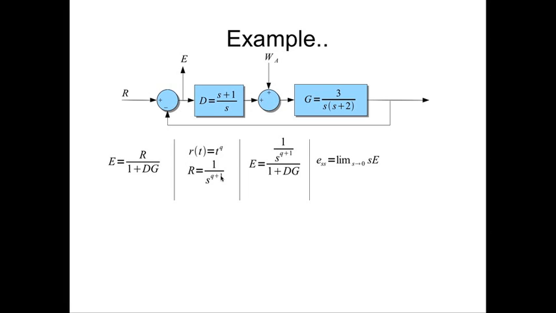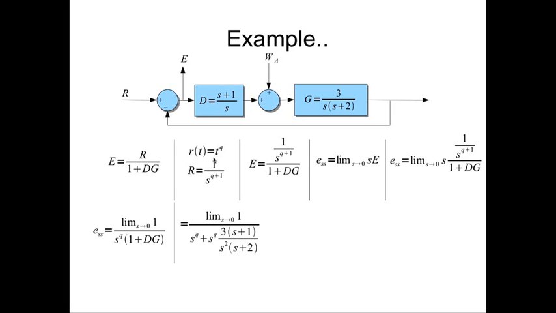Steady state error is limit as s tends to 0 of s times E of s. We substitute everything here. Now this s cancels with one of these s's here, so this is what you get. I take this s inside the brackets and substitute for D and G here. This is what I get.